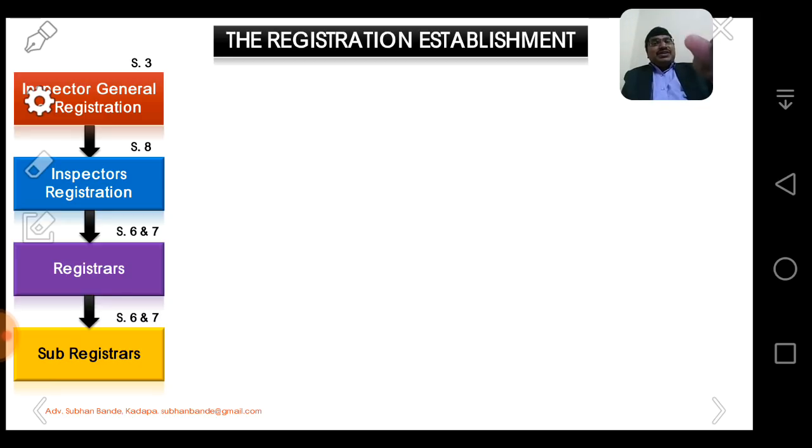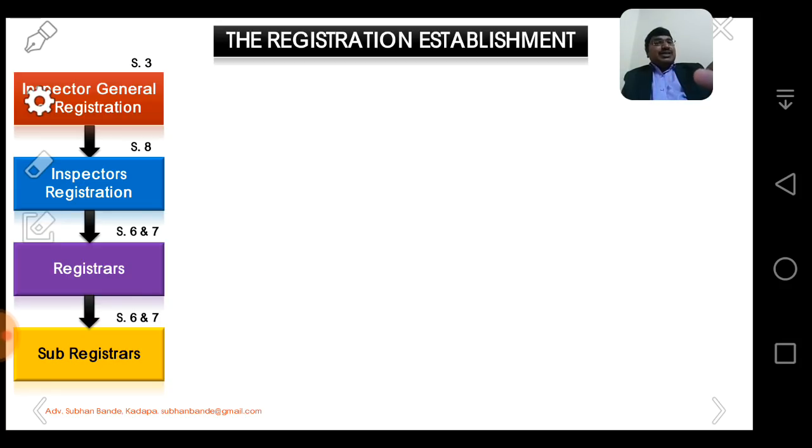In the hierarchy of registration establishment, it lies in the top position. The Inspector General of Registration stands in the highest level in the hierarchy, followed by Inspectors of Registration, Registrars and Sub-Registrars.